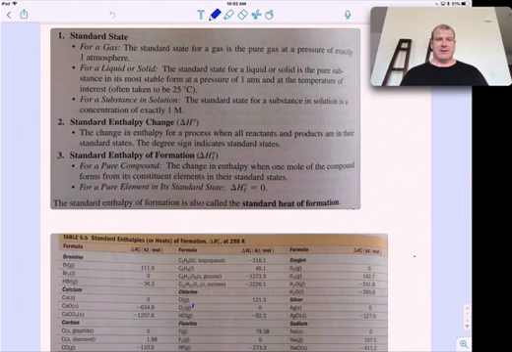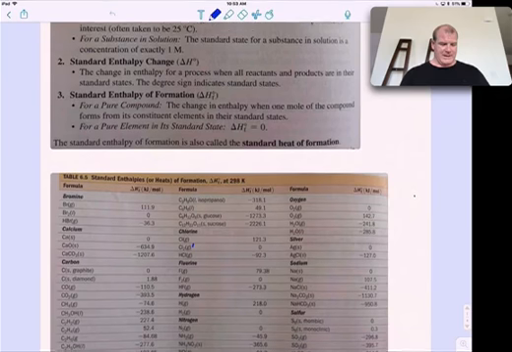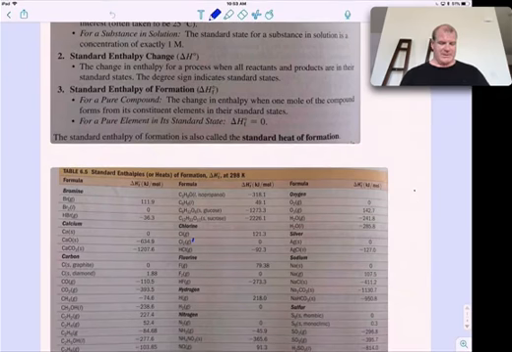The standard enthalpy change is when everything is in its standard state. And the enthalpy of formation is how much it takes to make something. We calculated that for propane last section, 6b. Another definition: for a pure element in the standard state, the heat of formation is 0.